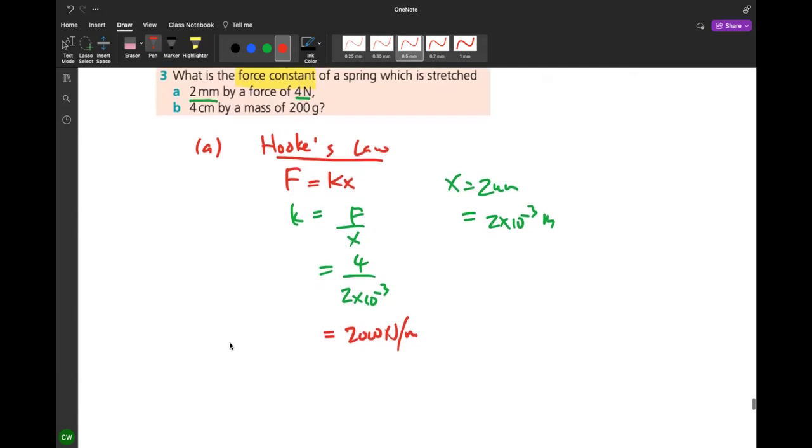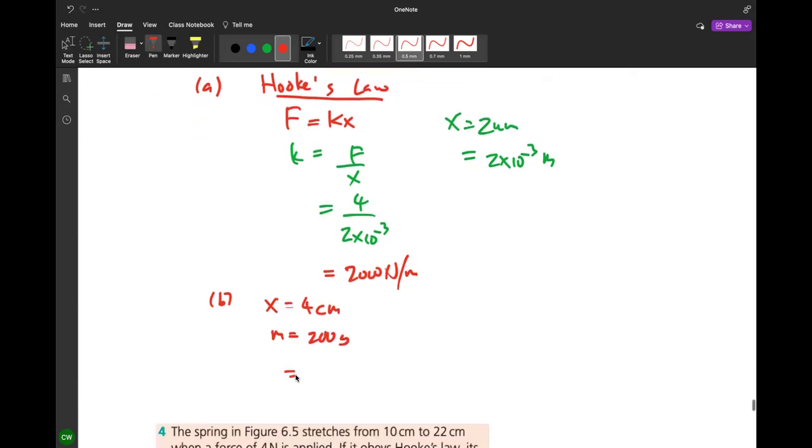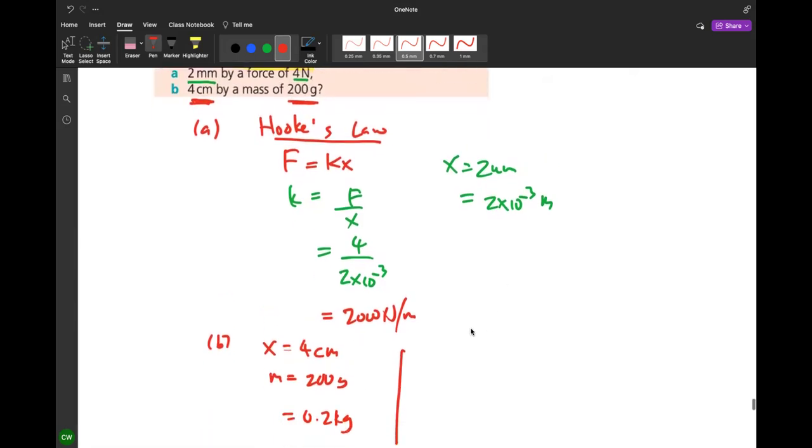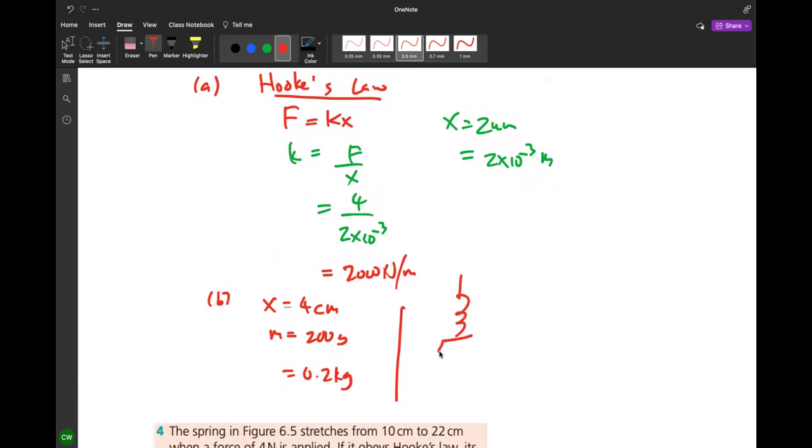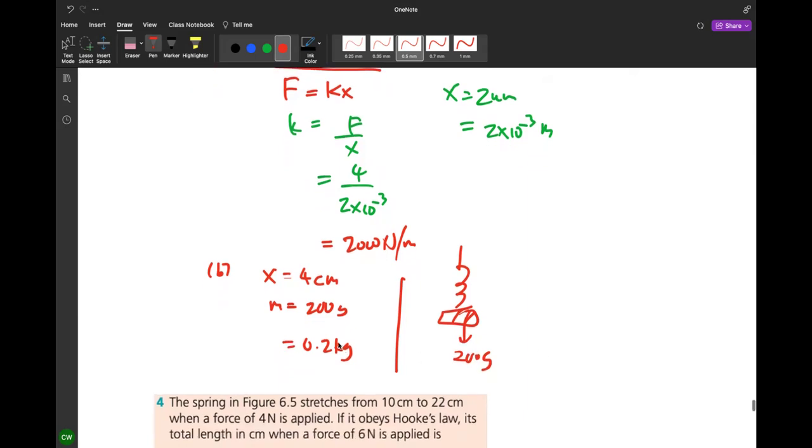Okay, another one. This is the extension, which is how much longer it becomes. This is the mass, m. 200 gram. How many kg? 0.2 kg. When you stretch this, it means you're hanging something like this. When you hang 200 gram, you produce a force.